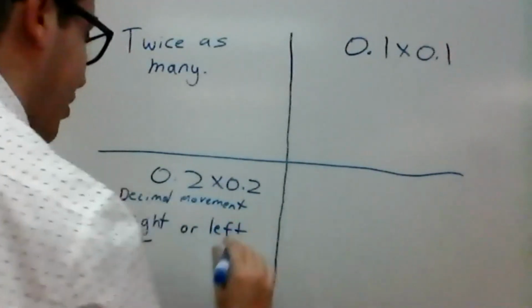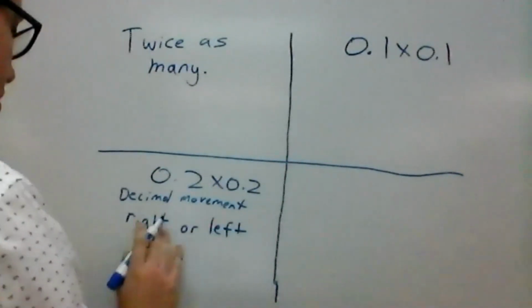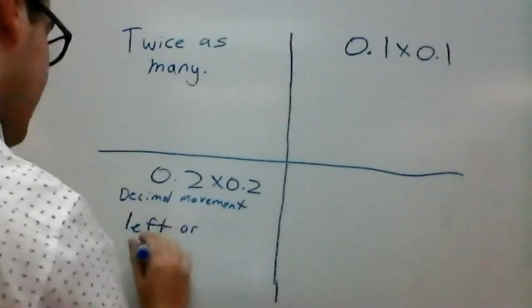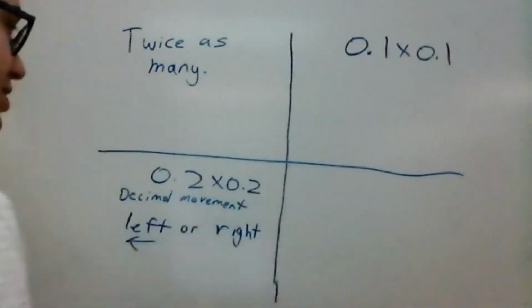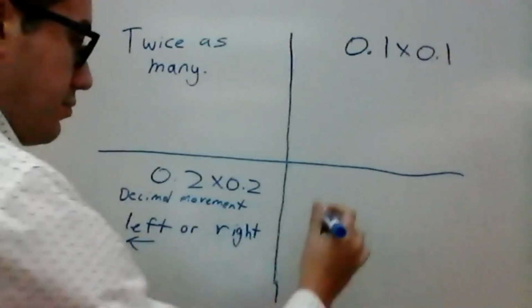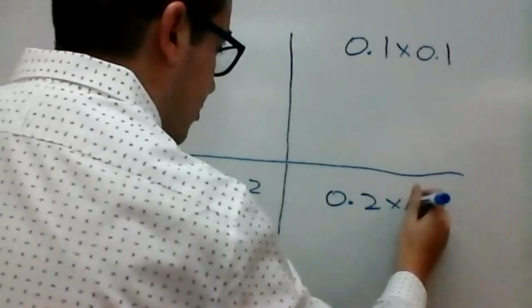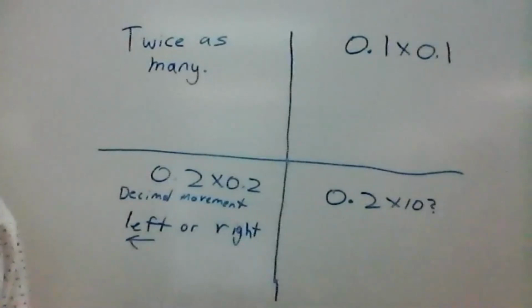That's the third one. Let me rewrite that just so it's more clear. It's left or right, so we're focusing on which way the decimal's going there. And then for the last one, okay, thinking about these ones, I'm going to ask you guys some questions, and you guys are going to hold up your whiteboards as I'm asking those.